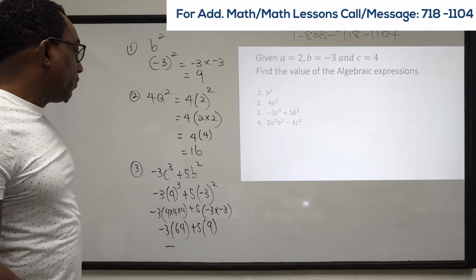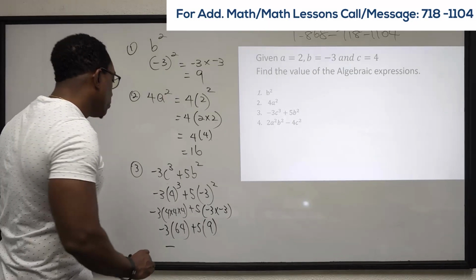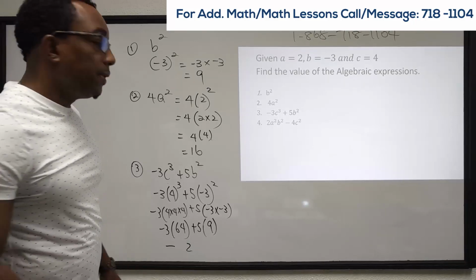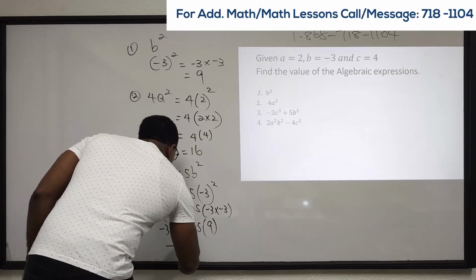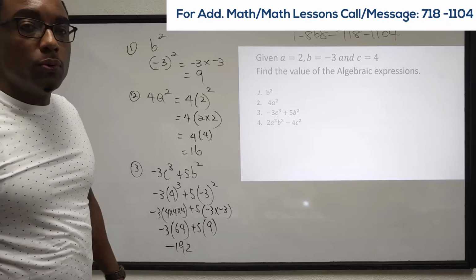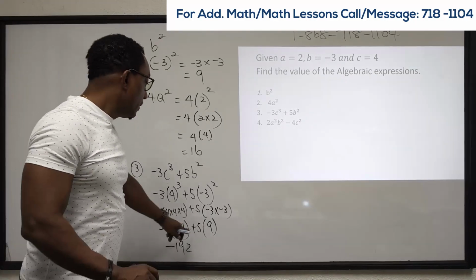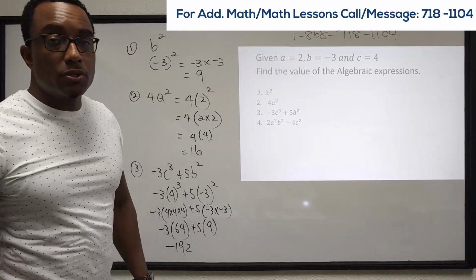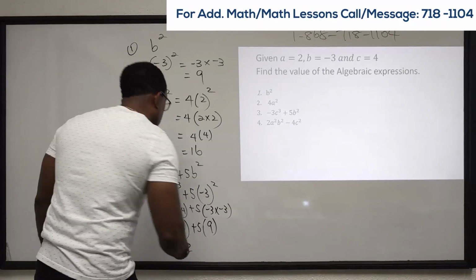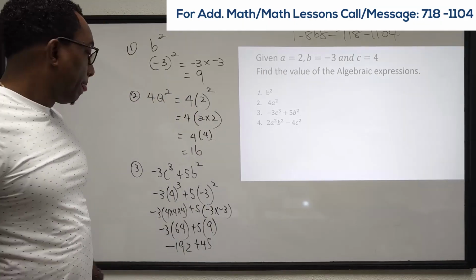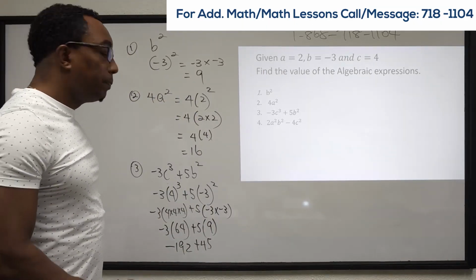And 3 by 64 will give us 3 by 4 is 12, 6 3s are 18, plus 1 is 19. So we have negative 192, and positive 5 by 9, a plus by a plus gives us a plus. 9 5s are 45. So negative 192 plus 45.